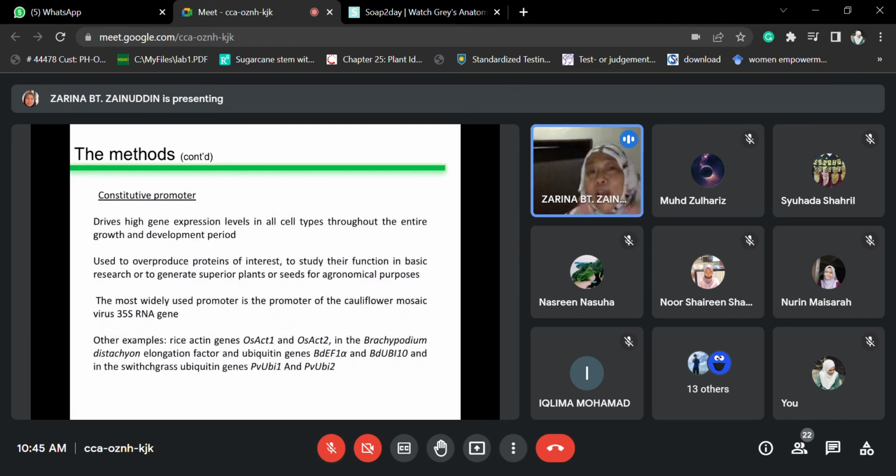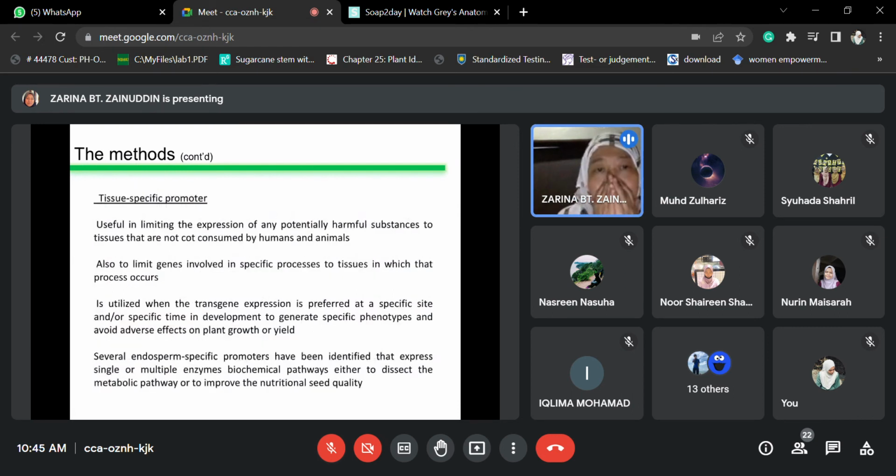Okay, then we have tissue specific promoter. This is where you use this type of promoter where you want certain part of the plant to express your gene of interest. You tak nak semua part of the plant express your gene of interest. So this type of tissue specific promoter is being used to limit the expression of any potentially harmful substances to tissues that are not consumed by humans and animals.